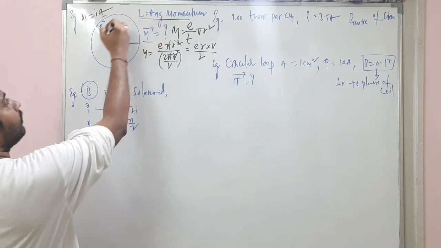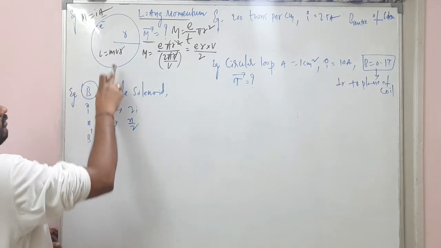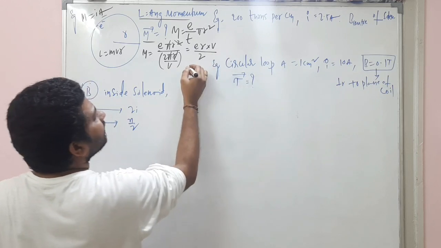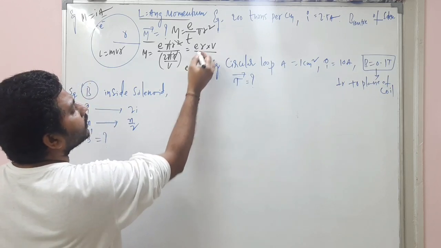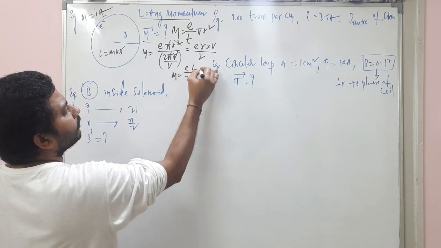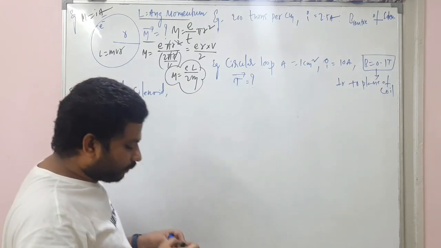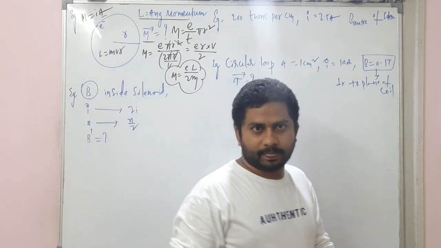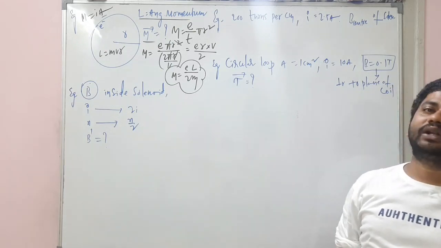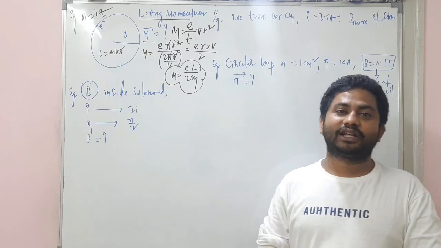And we know the angular momentum is mvr. From here, vr is equal to L by m. So this is e into L by 2m. This is the magnetic moment. A very, very important question. Most of the students give less preference to this magnetic moment concept, but if you are lucky enough, you may get a question from it.